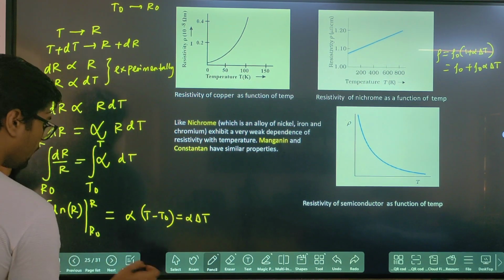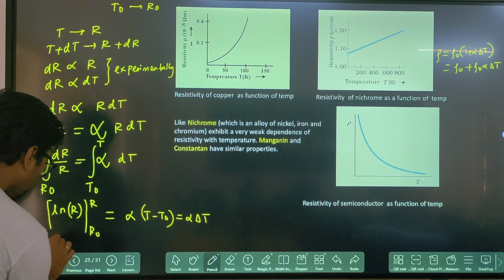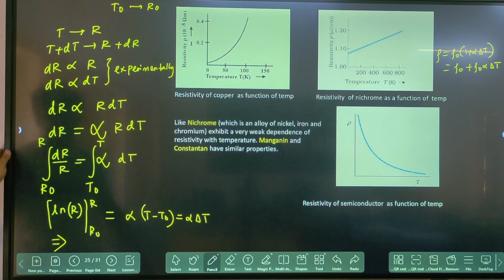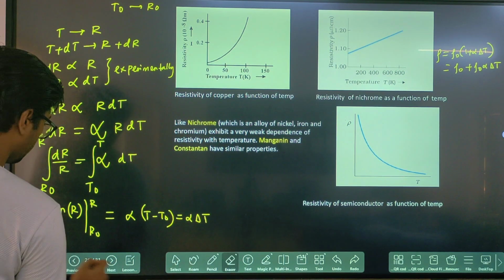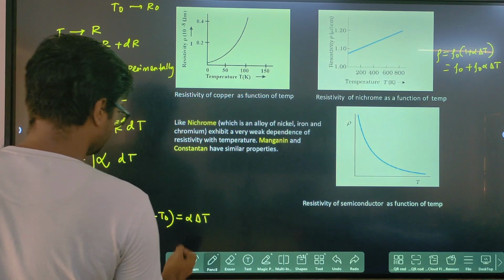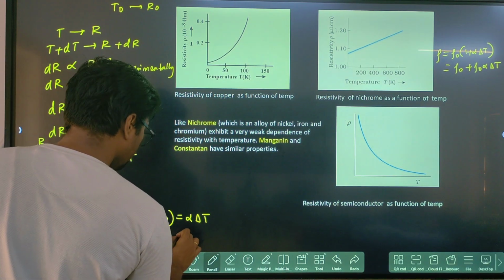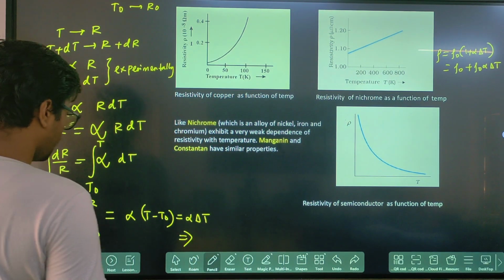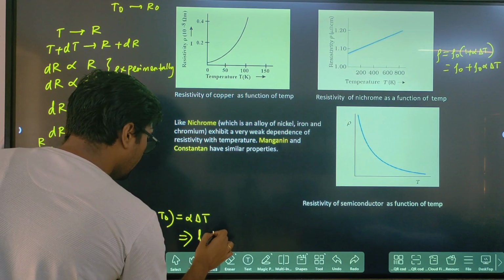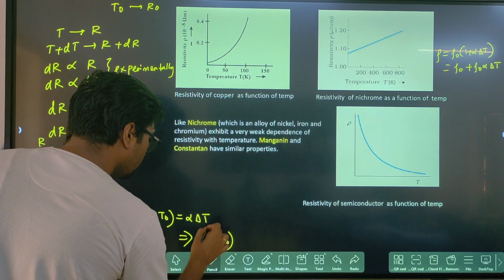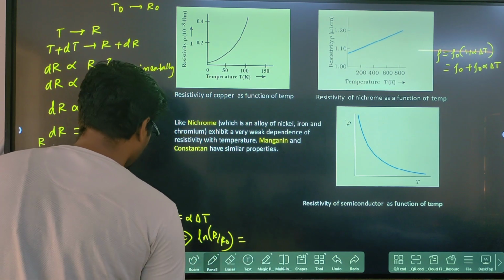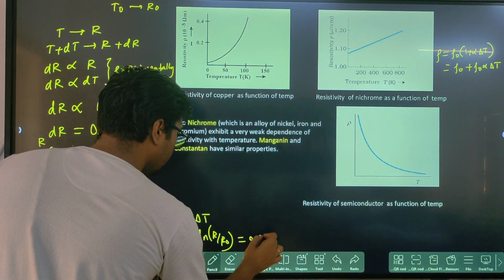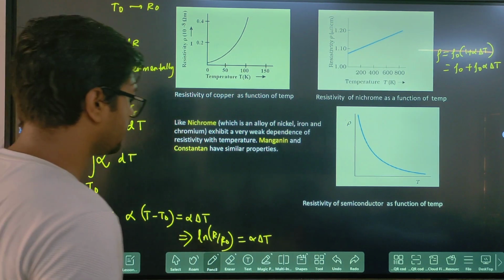Okay, so here I am writing. From here I can write ln R by R0 is basically equal to alpha delta T, clear?